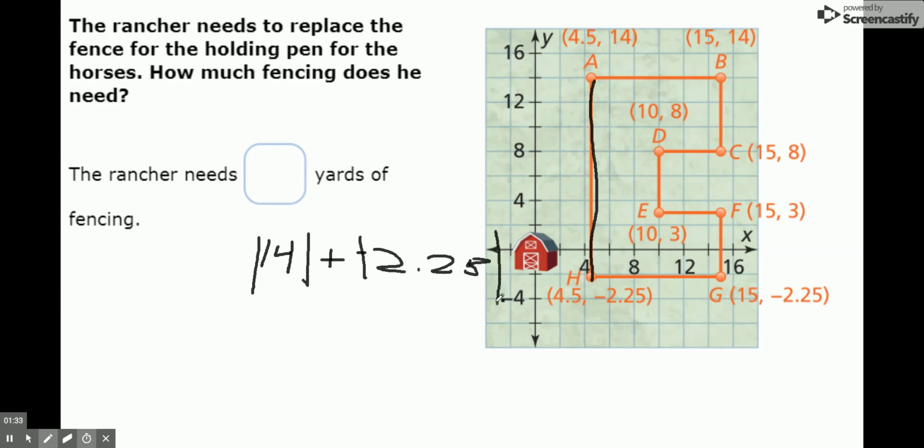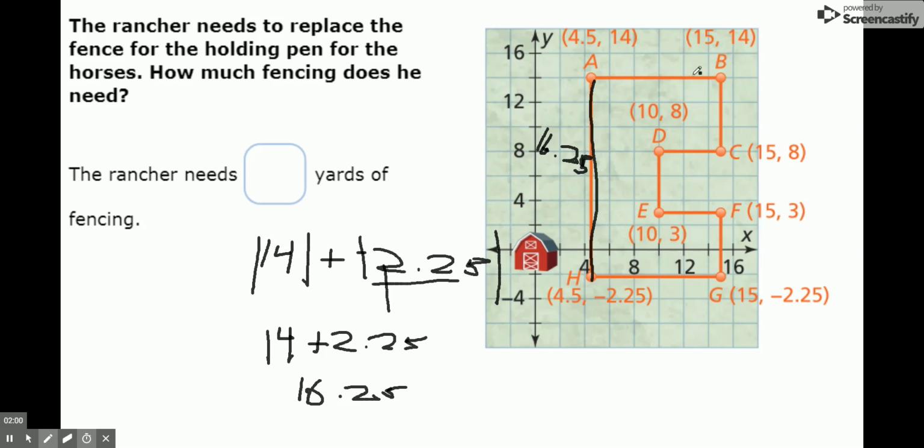That becomes 14 plus 2 and 25 hundredths. So we end up with 16.25. And so we could record that one right over here, 16.25.